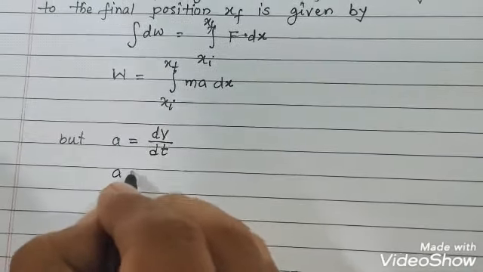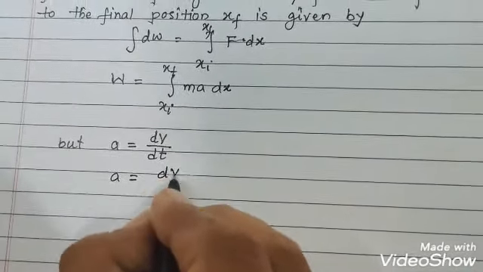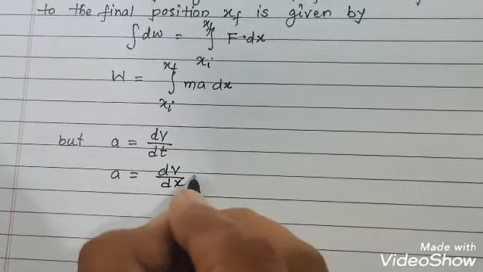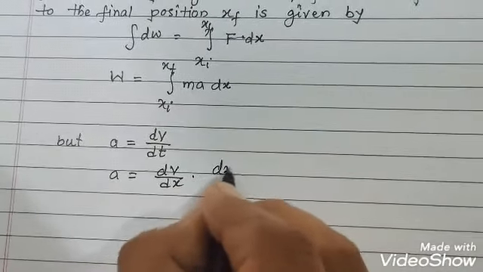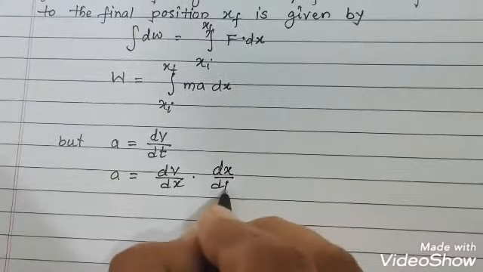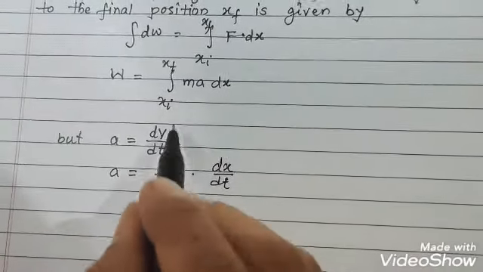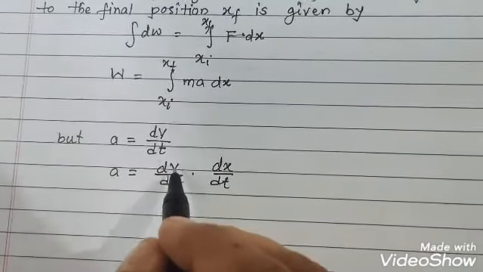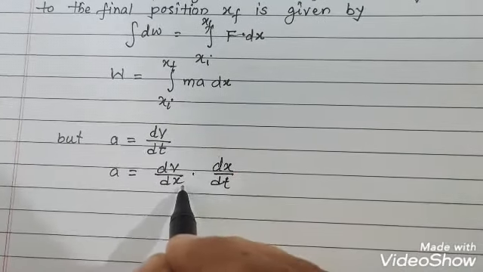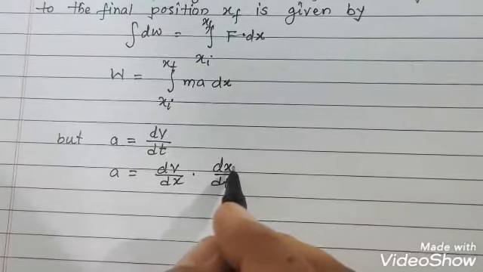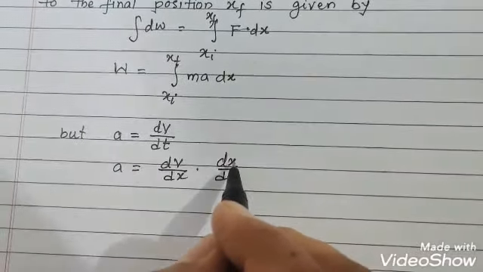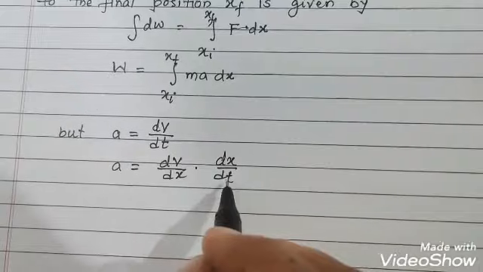Further we can write the acceleration as dv upon dx multiplied by dx upon dt. You can see very well that dx will be cancelled out. So what we have done is take the derivative of velocity with respect to x position, and then the position with respect to time.